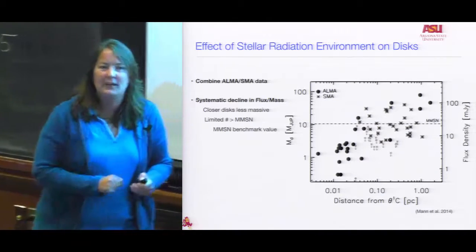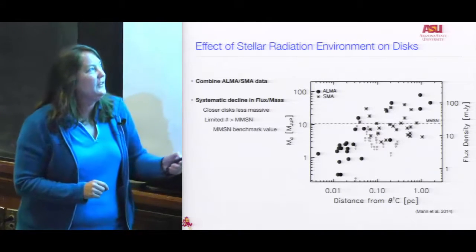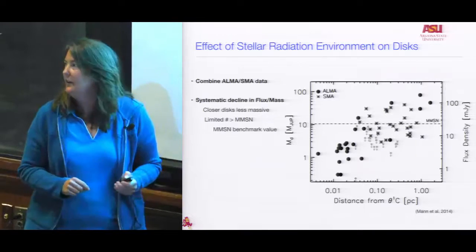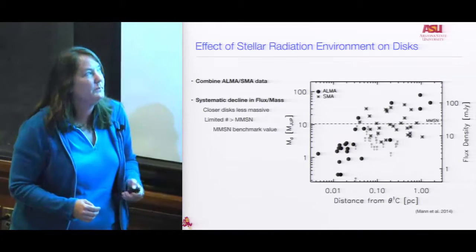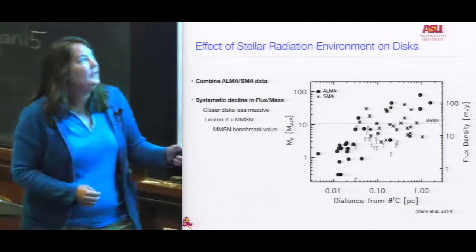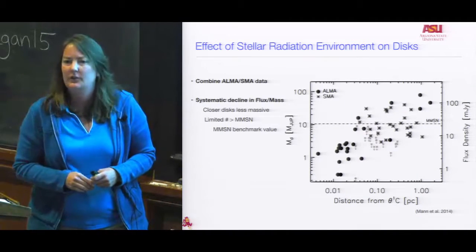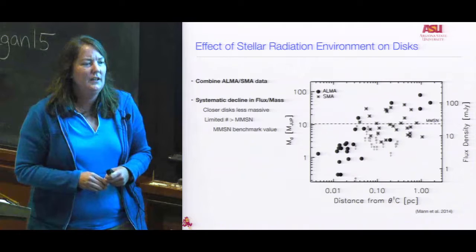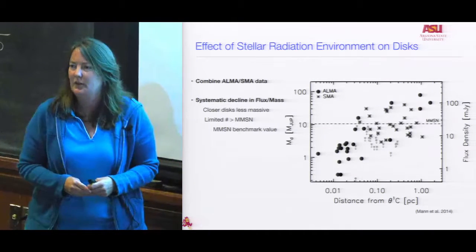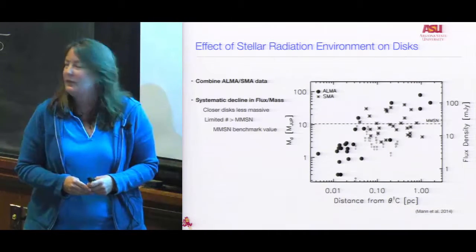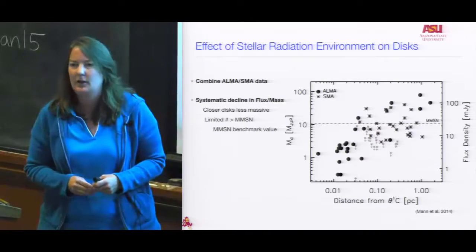The closer and closer you get to this horrible environment, it's clearly having an impact on the available disk mass. And what's shown in this dashed line here is a benchmark comparison that's often used to understand, well, how do we understand if the mass that's present around this object is really sufficient to form a planetary system like our own.